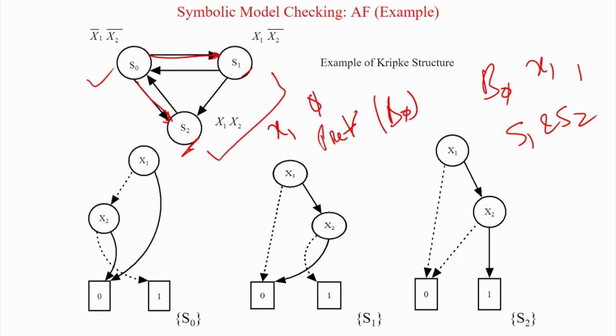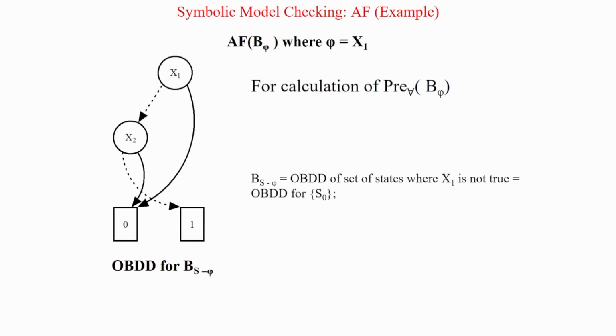So, that is not going to satisfy, and similarly for S1 also there is one path going to S0. So, in the next step phi is not true. So, pre of B phi is only going to be the state S0. That means from state S0, all the transitions you take are going to lead to next states where x1 is equal to true. So, that is going to be the answer for pre of B of phi.